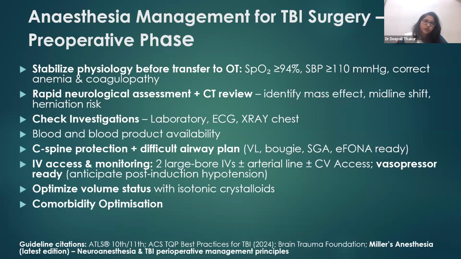Yes, but during that time also having a detailed knowledge about physiology and maintaining physiological parameters is our target. Rapid neurological assessment, quick review of CT scans is important to identify what exactly is happening inside the brain. Then only you will be able to titrate your anesthesia, right?